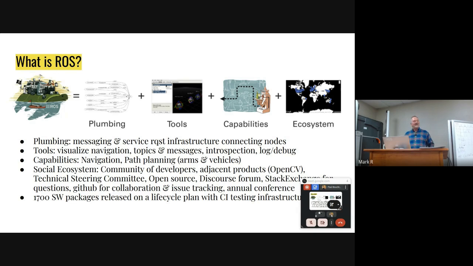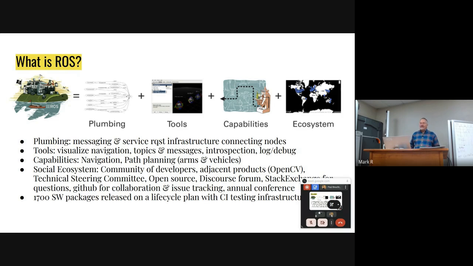So what's ROS? Most people, when they hear ROS, think of its plumbing and messaging capabilities and service request infrastructure, and it is that. It's an infrastructure that lets nodes, which are processes that process data, connect to one another in a flexible way using publish-subscribe model. And it is that.